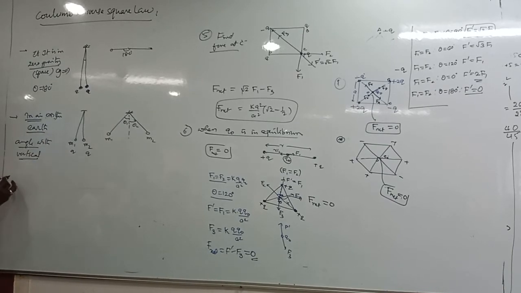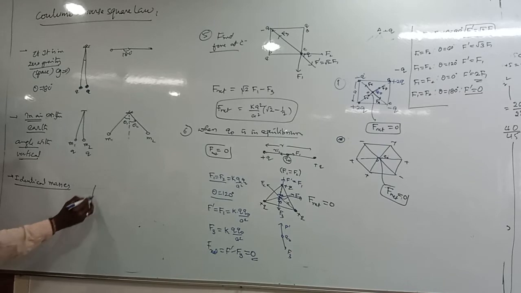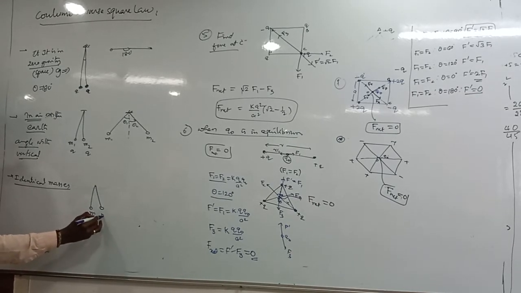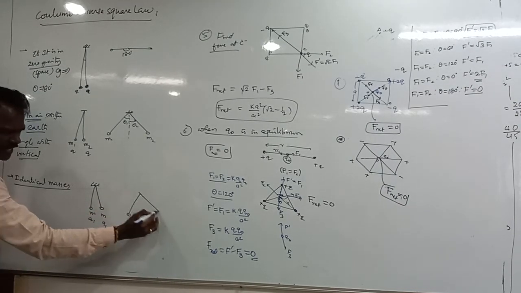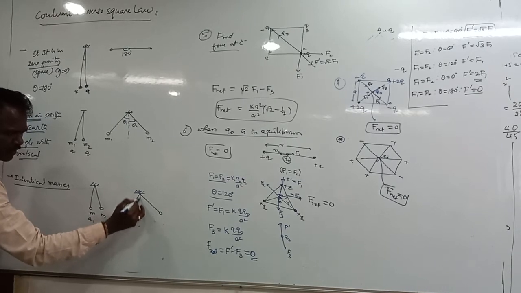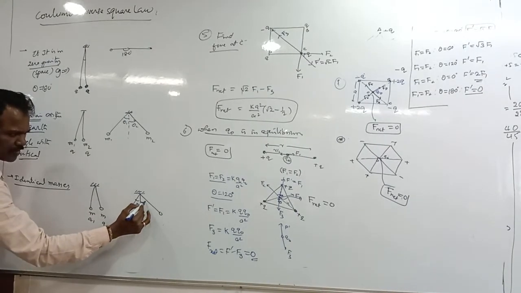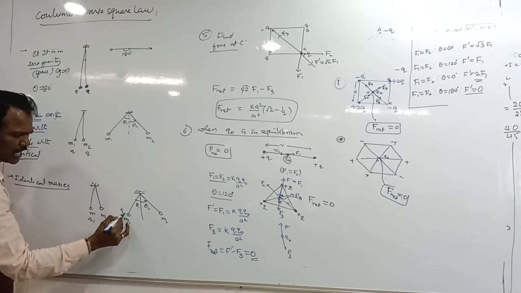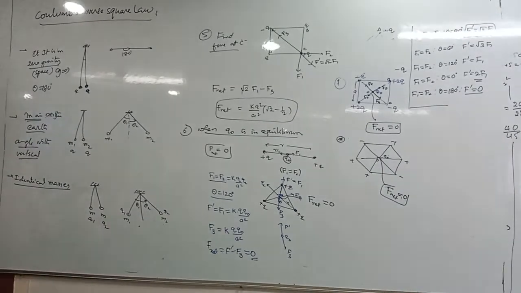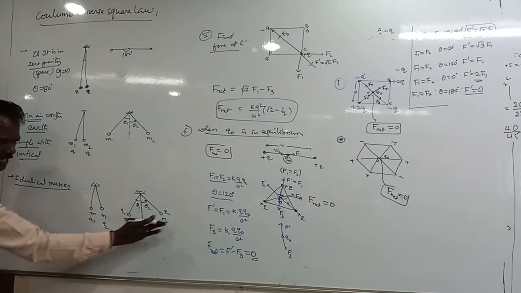Right. For identical masses m and m with charges q1 and q2, they are separating from each other. The angles made are theta 1 and theta 2 with m1 and m2 having the charges q1 and q2, here identical charges.